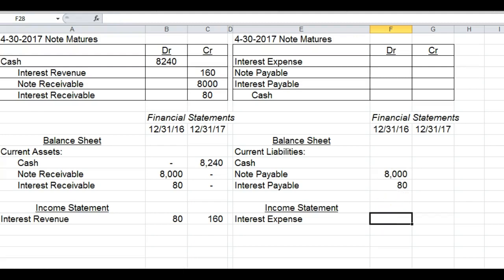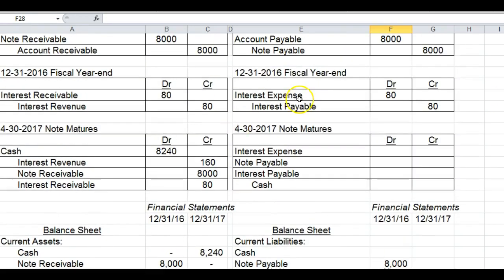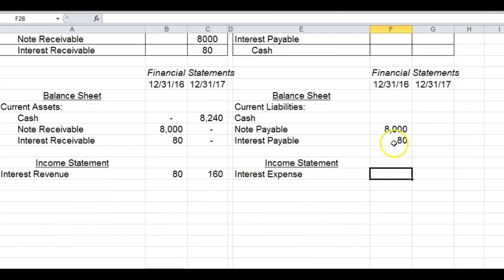We also will have incurred interest expense. We're the debtor, so our cost is interest expense. So we'll have this $80 of interest expense. So the numbers are the same as the seller, but we're the debtor, and so it's a payable instead of a receivable. It's an expense instead of revenue.